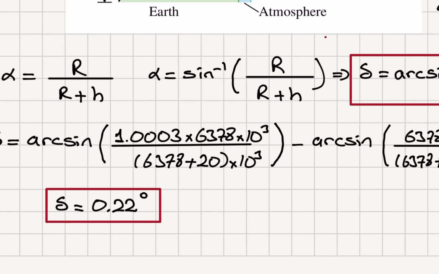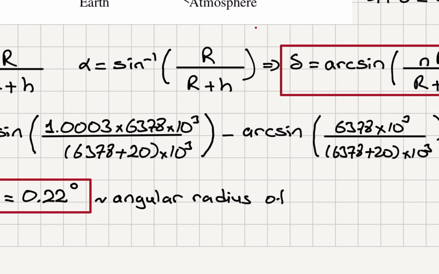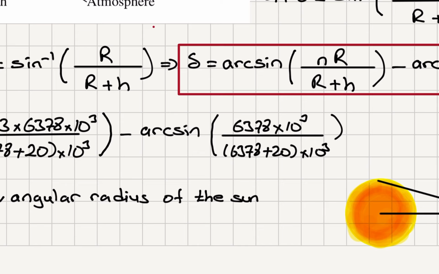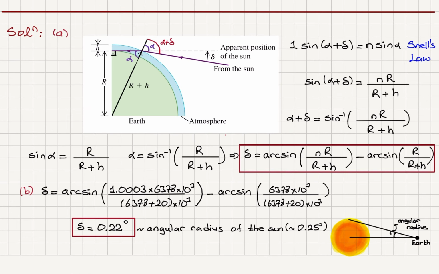We see that this deviation angle we calculated is of the order of the angular radius of the sun, which is roughly 1/4 of a degree, 0.25 degrees.